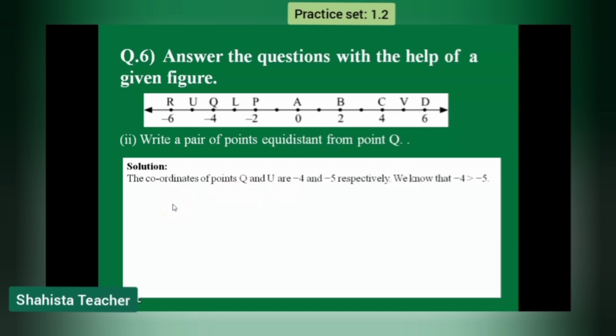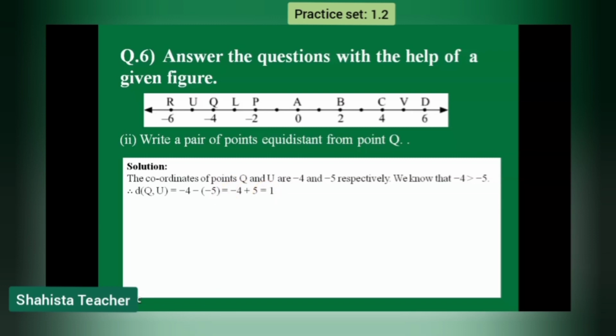After that, minus into minus gives plus. So plus 5 and minus 4 give us plus 1. So distance of Q to U is minus 4 minus minus 5, so 5 minus 4 is plus 1.